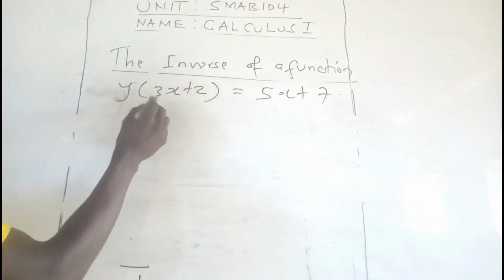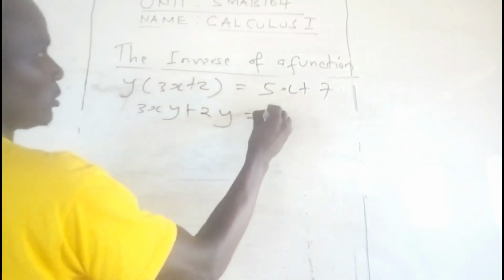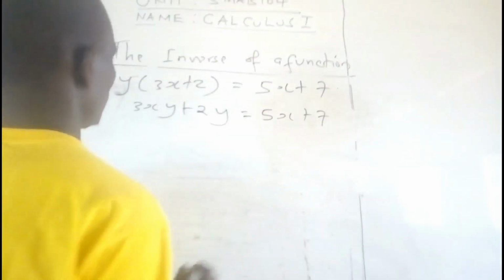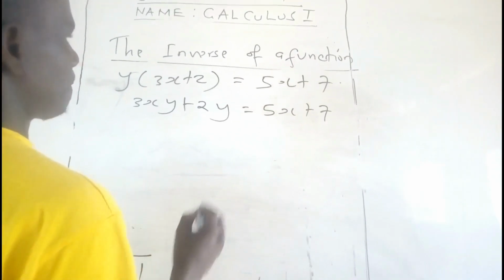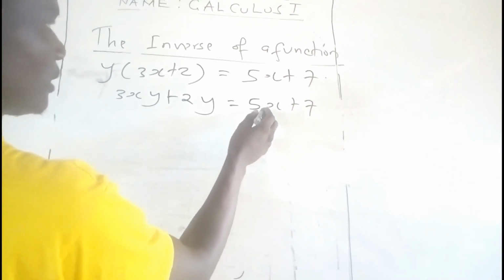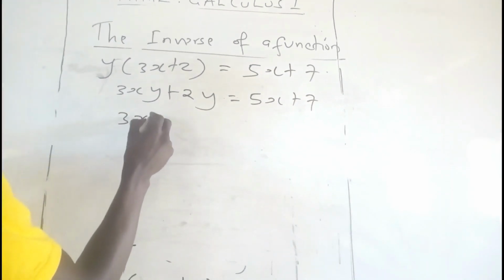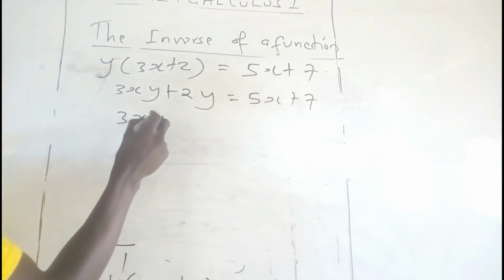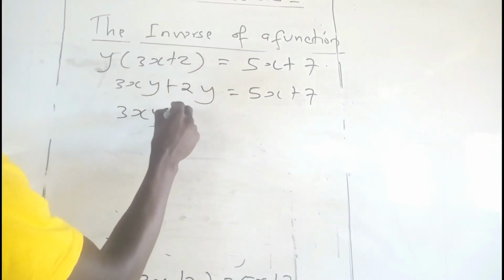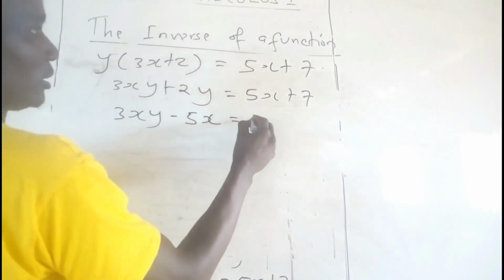When you distribute, we'll have 3xy plus 2y is equal to 5x plus 7. Collecting the like terms here, let's bring 5x this side so as to have 3xy minus 5x is equal to 7.